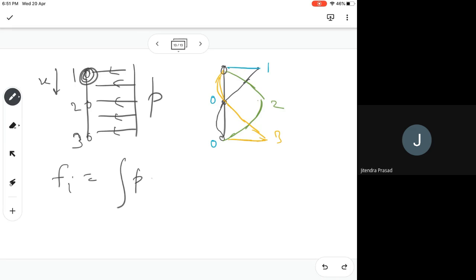So P times N I dx 0 to L, where N1, you remember, we can construct for the 1D problem. Yeah, so it will be similar to that only. And so these forces will be like that. And of course, all the pressures are perpendicular to this one. So only the X component will have that value, the Y component will be 0 in all the cases.